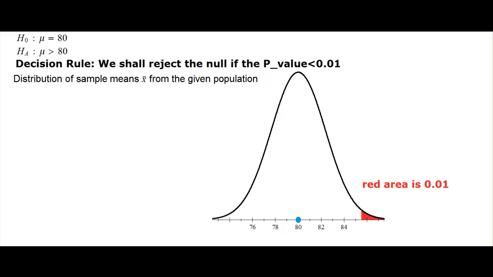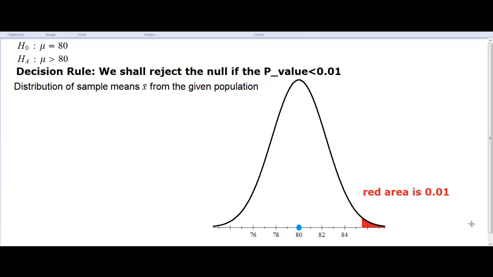Say this right tail area is 0.01. If our sample mean comes out to be a value to the right of this point, then the p-value, that is the right tail, will be less than 0.01, and we shall reject the null.